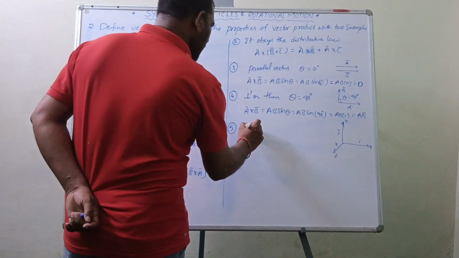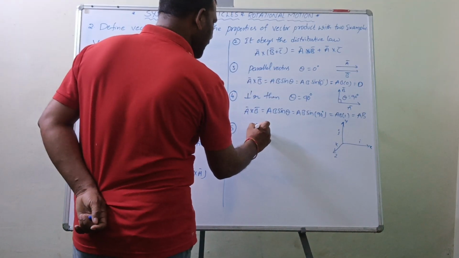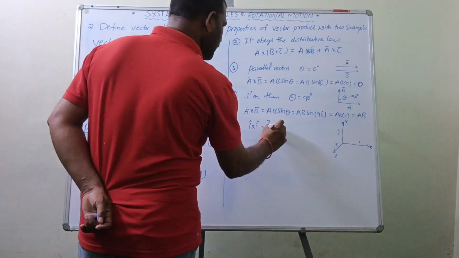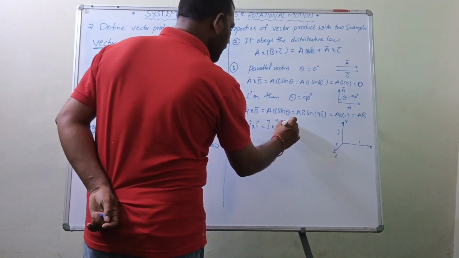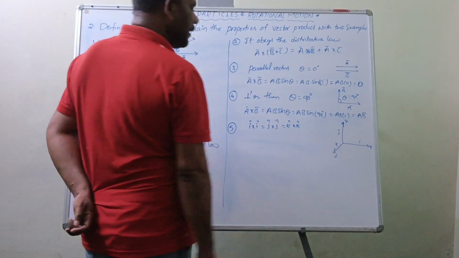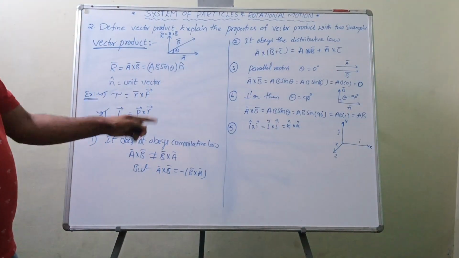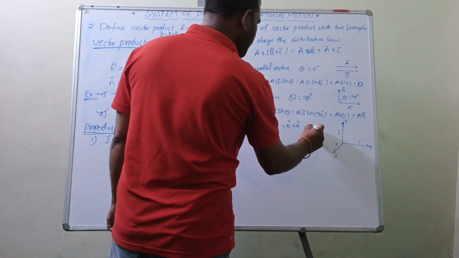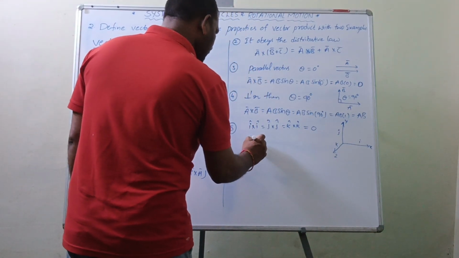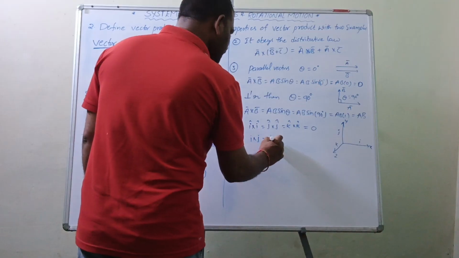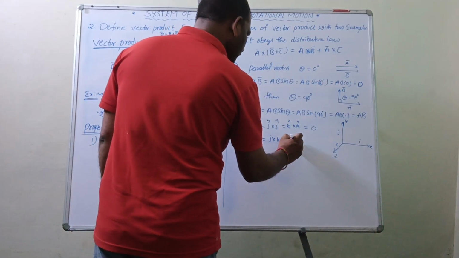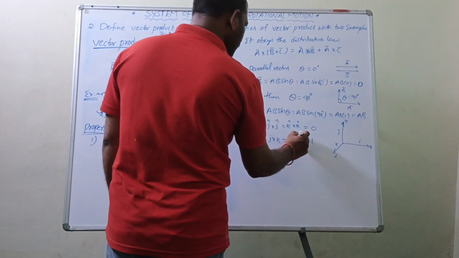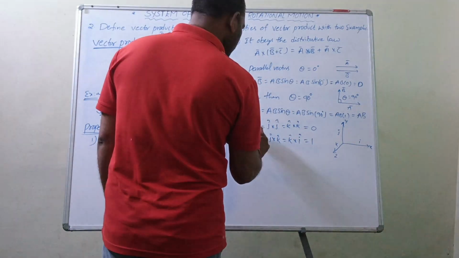Suppose i cap cross i is equal to j cross j is equal to k cross k. Here all are parallel, so it gives the null vector 0. The next one: i cross j is equal to j cross k is equal to k cross i. It gives the unit vector.